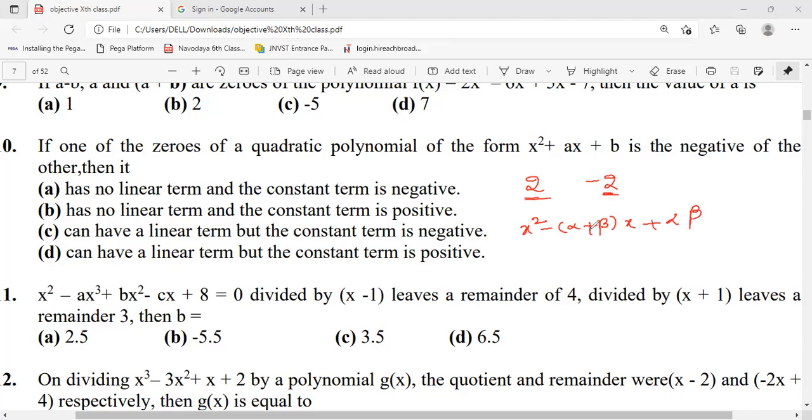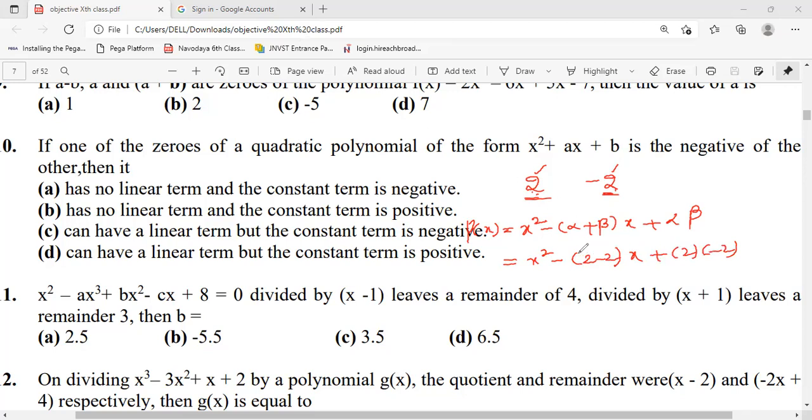This is the formula to find the quadratic polynomial when you have two zeros in your hand. I have two zeros, 2 and minus 2. You can take any numbers here, but the signs are opposite and the numbers should be the same. I am substituting here: x square minus alpha is 2, beta is minus 2, x plus 2 times minus 2.